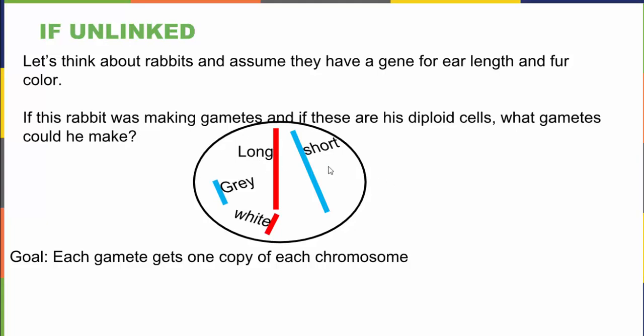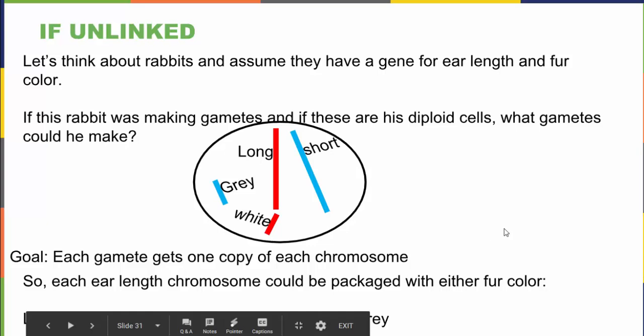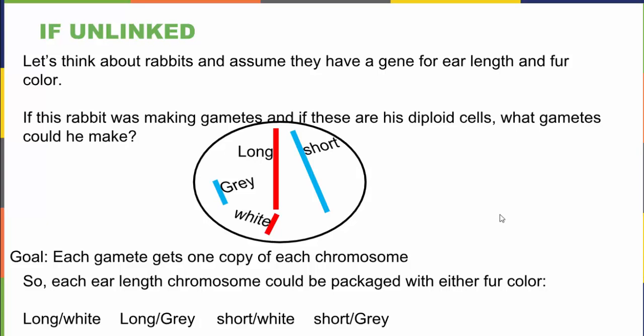So of this long chromosome here, they've got a red or blue version, and the gamete can get either of those. The same thing for the short chromosome down here. They can either pass the gray one or they can pass the white one. So if they package these together in gametes, you could have long ears paired with white color, long ears paired with gray color, short ears paired with white, or short ears paired with gray. So those are the possible gametes that can be made.